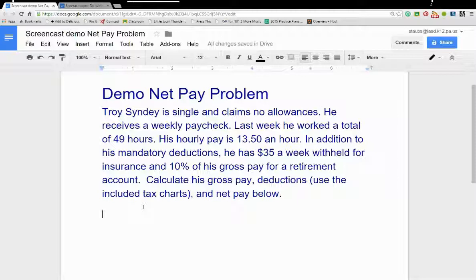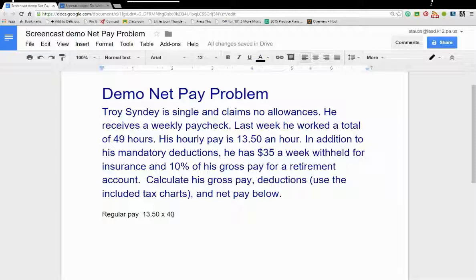And the first thing we have to calculate for Troy is his regular pay. His regular pay is $13.50 an hour times 40. But he worked 49 hours. Why is it only 40? Because that's the law.